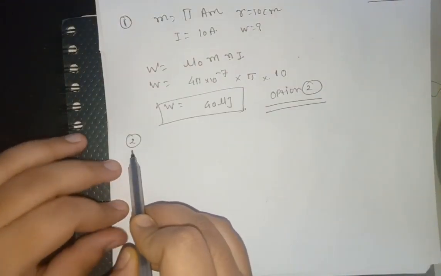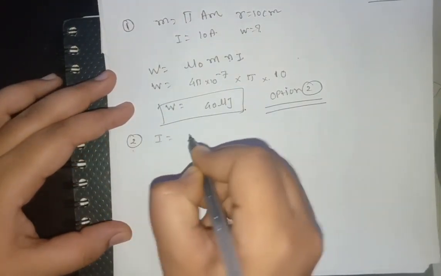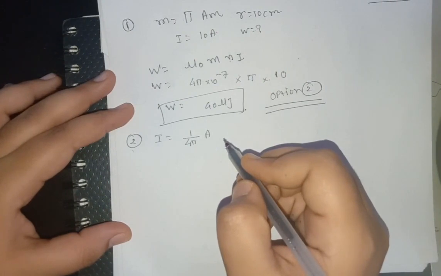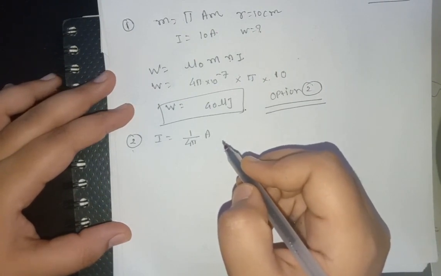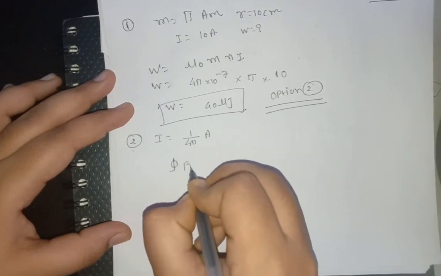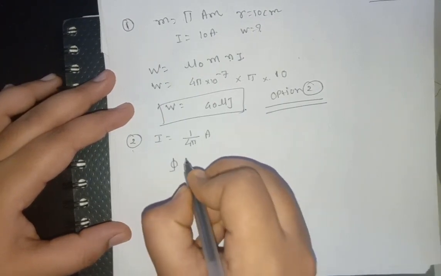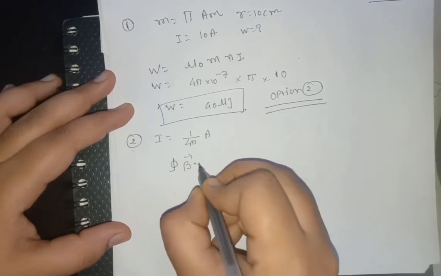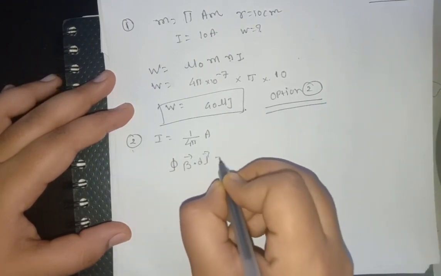In question number 2, a current of I equals 1 upon 4 pi ampere is flowing in a long straight conductor. We want to find the line integral of magnetic induction around a closed path enclosing the current. That means we want to find the integration of B dot dl.